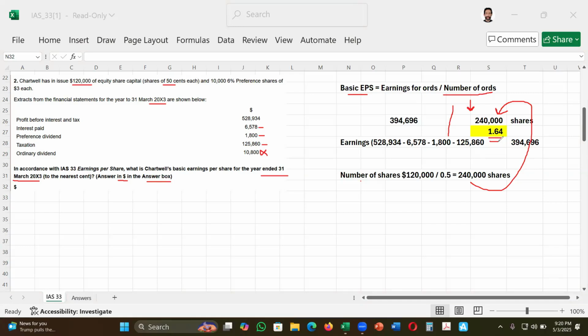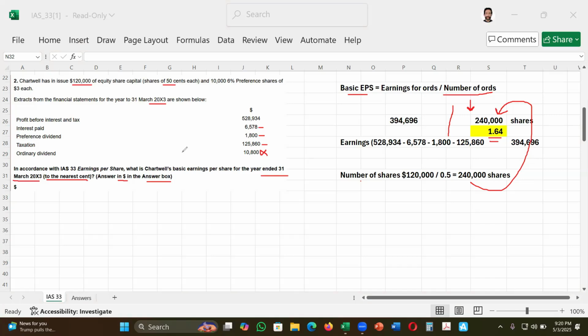So this is, sir, in dollars or cents? This is 1.64, yeah, this is in cents, because they say we have to calculate the answer to the nearest cent. But in the textbook, they have said that you have to show the earnings per share only to one decimal as per IAS 33.